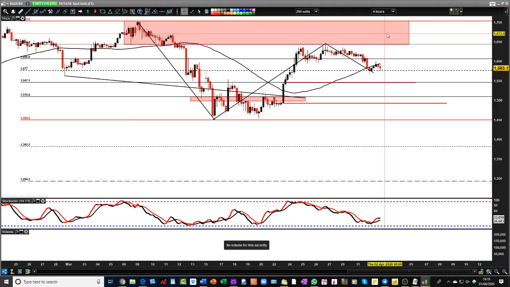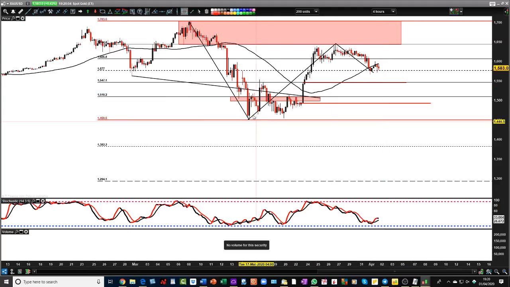This was a decent push higher, so this is a decision point here. The highs are still selling. If we come down and don't hold that level there, then that is toast. That's had it, and we are looking for lower levels.